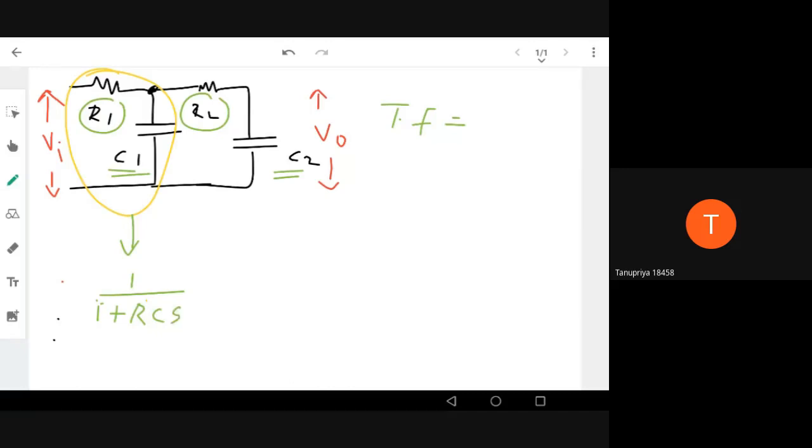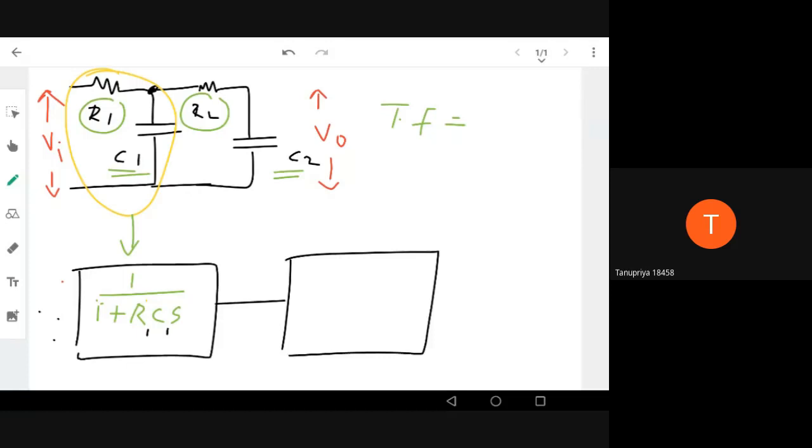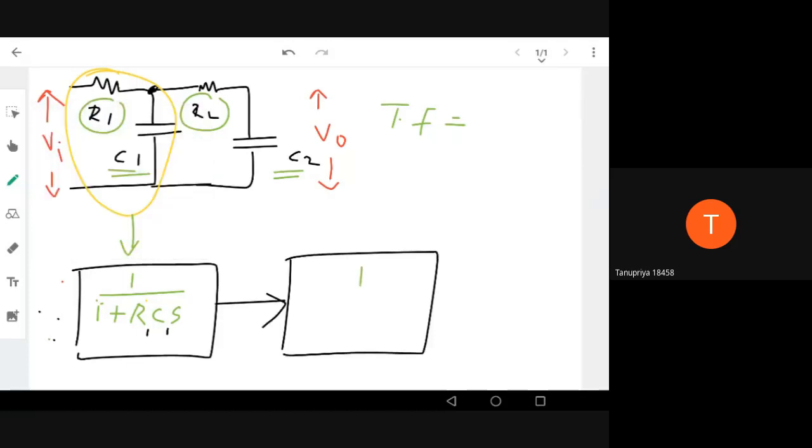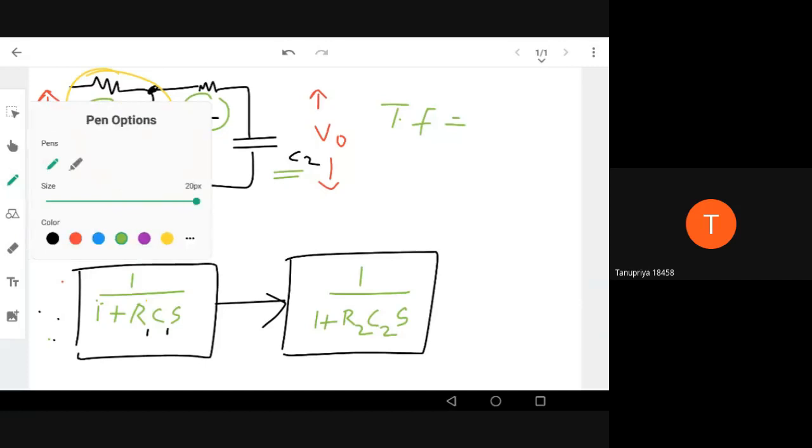In this case, it will be R1 C1 S, right? So this is one block. What I'm doing is connecting another block in series, whose transfer function is 1 divided by 1 plus R2 C2 S. Is it like that?